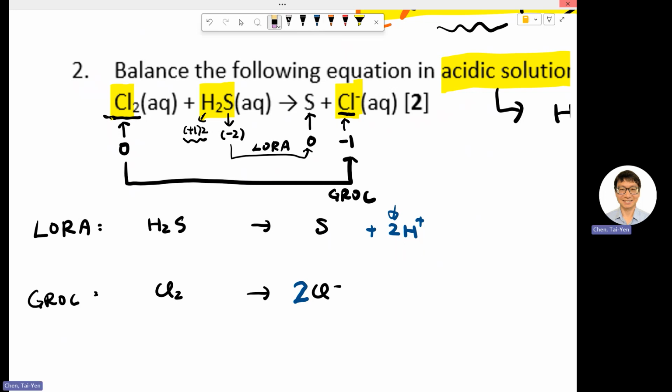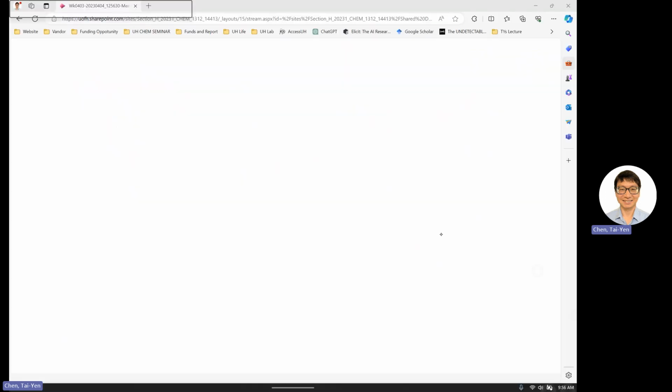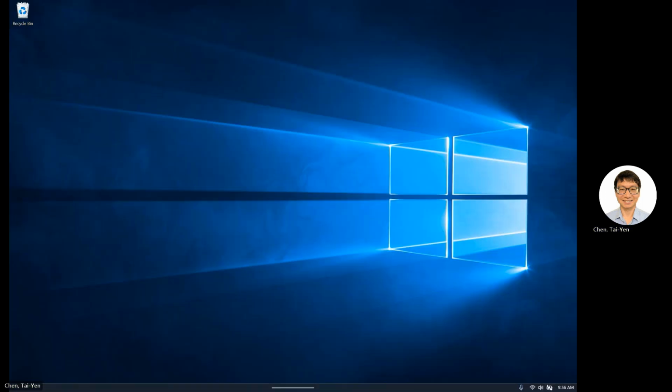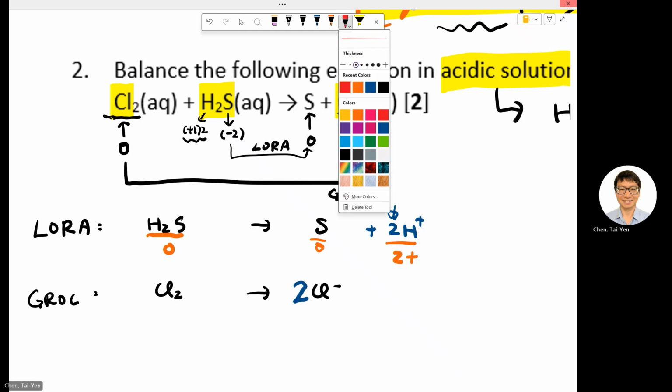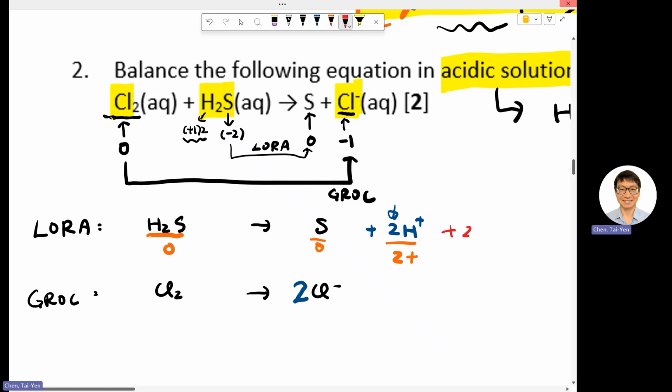Okay, so here, this is neutral, right? So you don't have any charges on the left-hand side. On the right-hand side, this is neutral. This is 2 plus. Okay, so to balance your charge, we need to add in 2 electrons so that the charges on both your reactant and product side will be balanced.